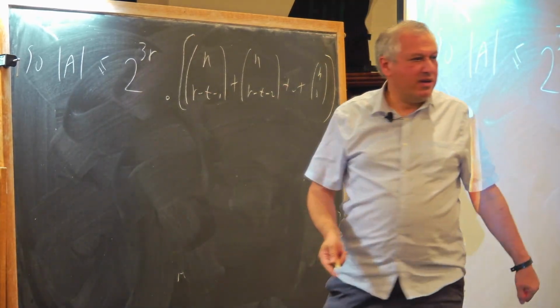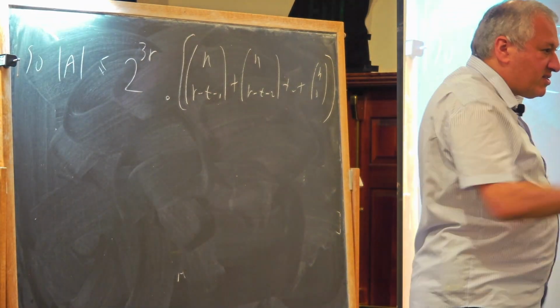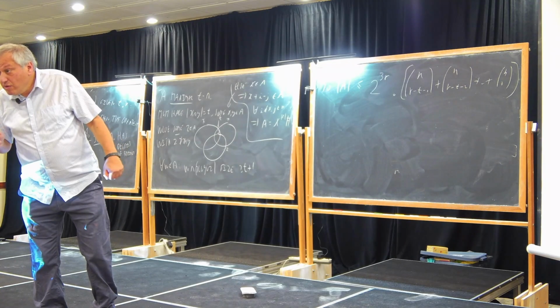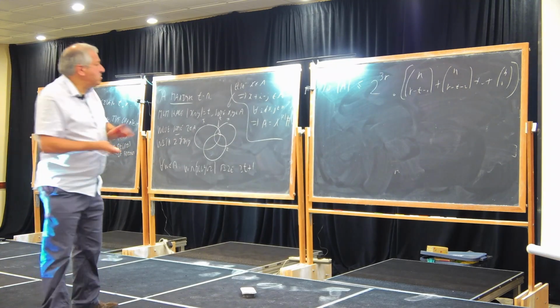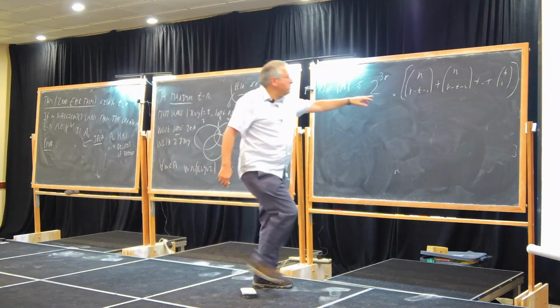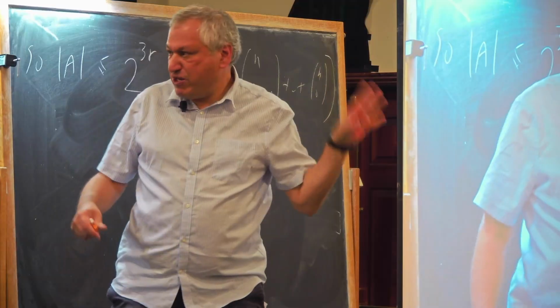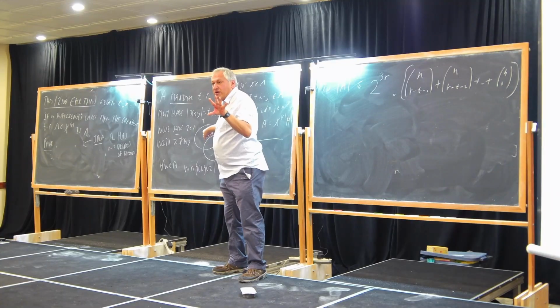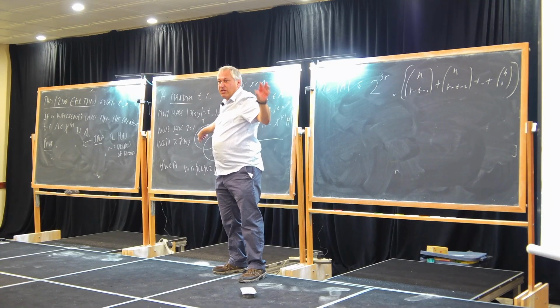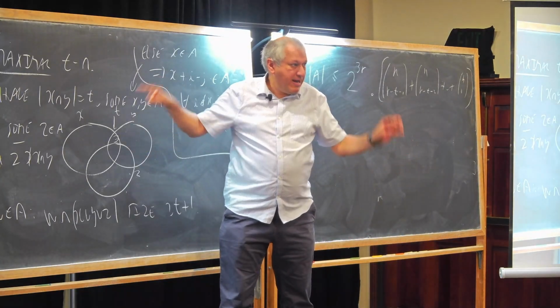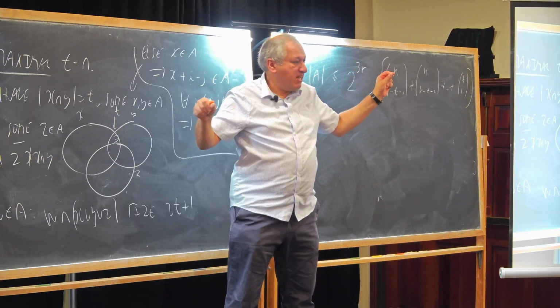That makes sense to everyone? The multiplier is because to specify a set W, I specify it inside the picture and outside the picture. If I tell you that on the picture it's got points 1, 4, and 7, and outside of the points 8, 9, and 17, then you know the set.